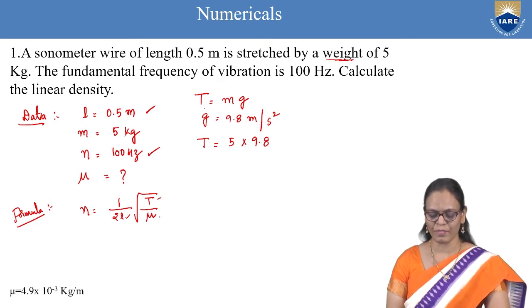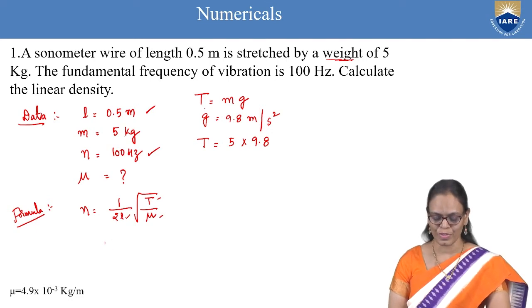So we got T, we have to find mu. So let us now write the formula for mu. So I can write 2NL is equal to under root T by mu, or 4N square L square is equal to T by mu.